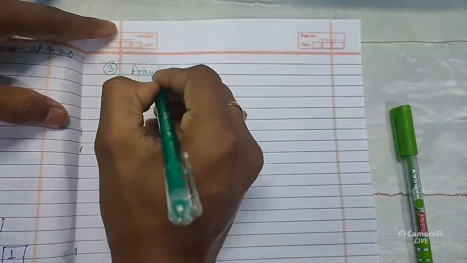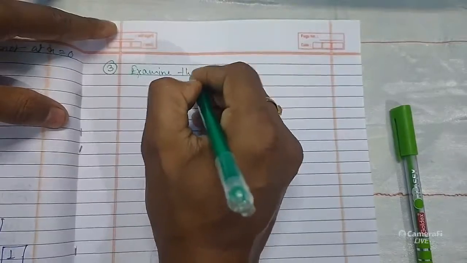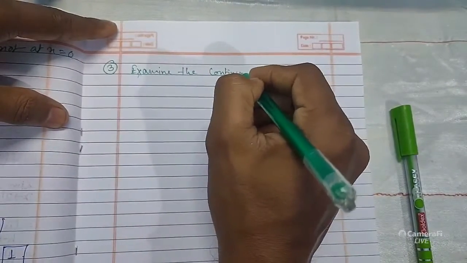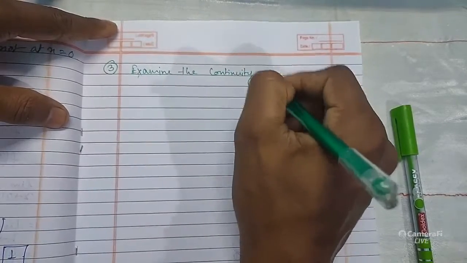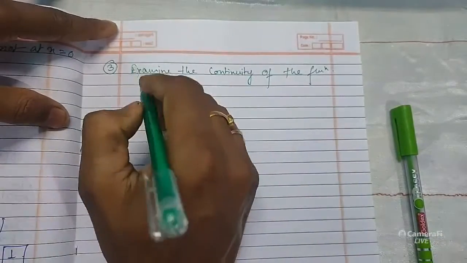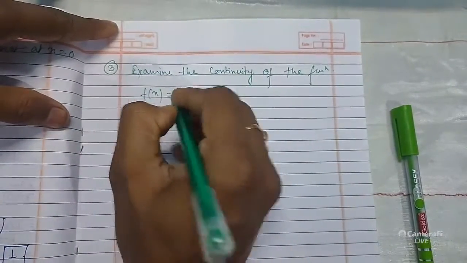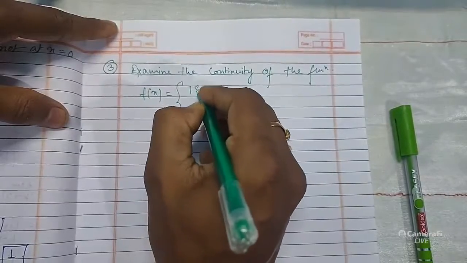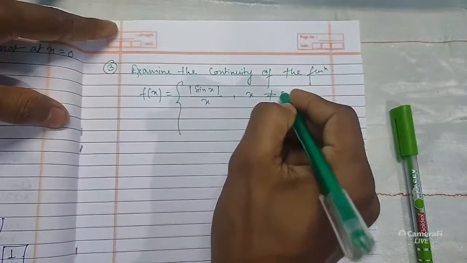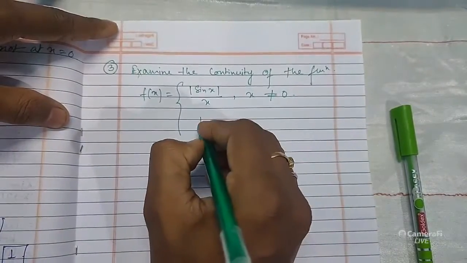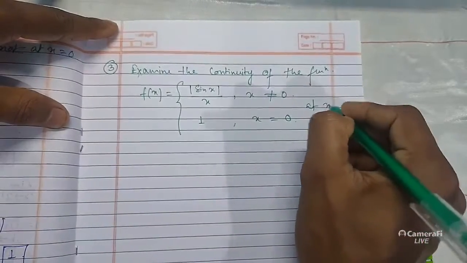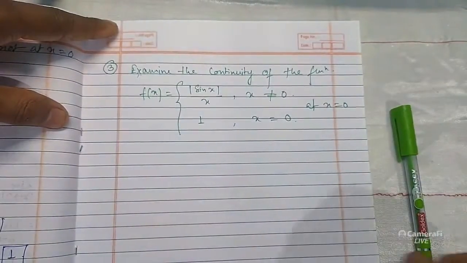Examine the continuity of the function f(x) equals mod of sin x by x when x is not equal to 0, and this is equal to 1 when x is equal to 0, at x equals 0. This point you have to check.